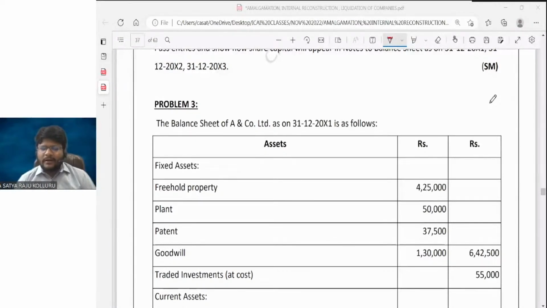The typical internal reconstruction means alteration of share capital, variation in shareholders' rights, reduction of capital, and then compromise and arrangement and surrender of shares concepts we are going to discuss, out of which we have already seen the 4 concepts except the surrender of shares.